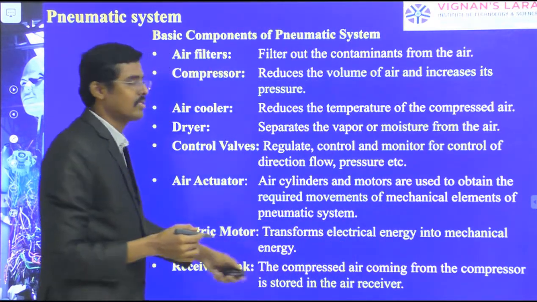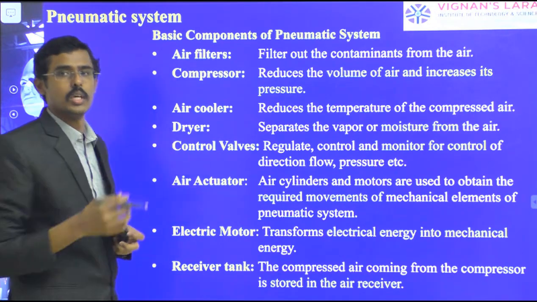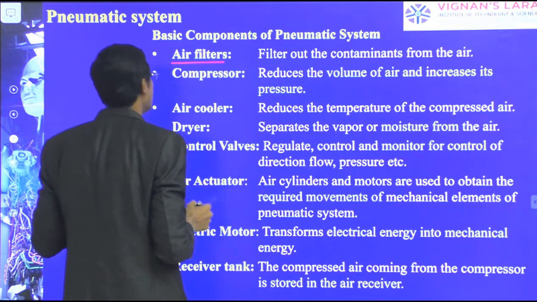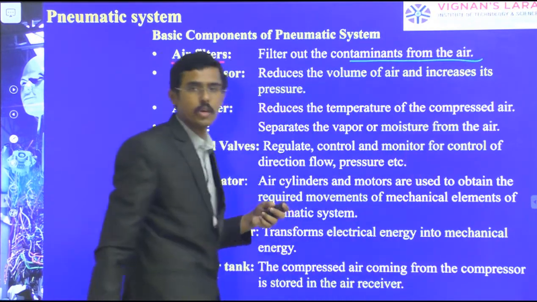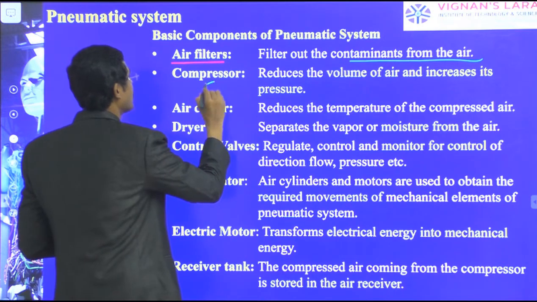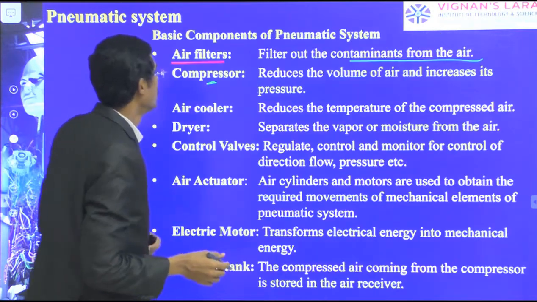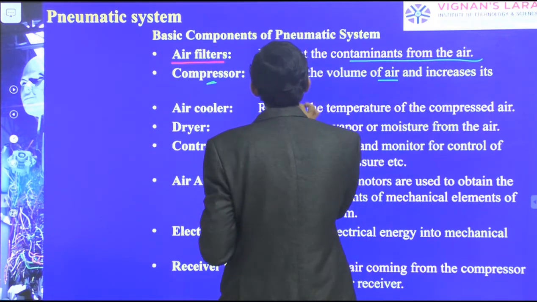Now what we have seen is the theory, and we should understand this. The air filter removes the contaminations from the air, the dust particles and impurities. And next is the compressor, which we have seen. The compressor reduces the volume of the air and increases the pressure.